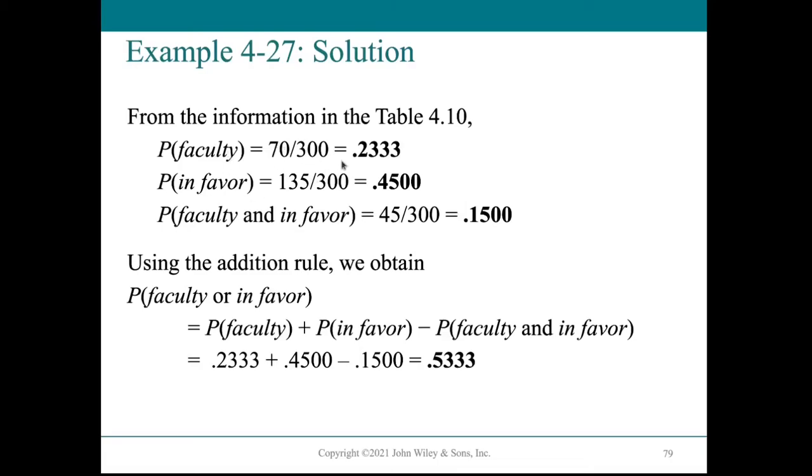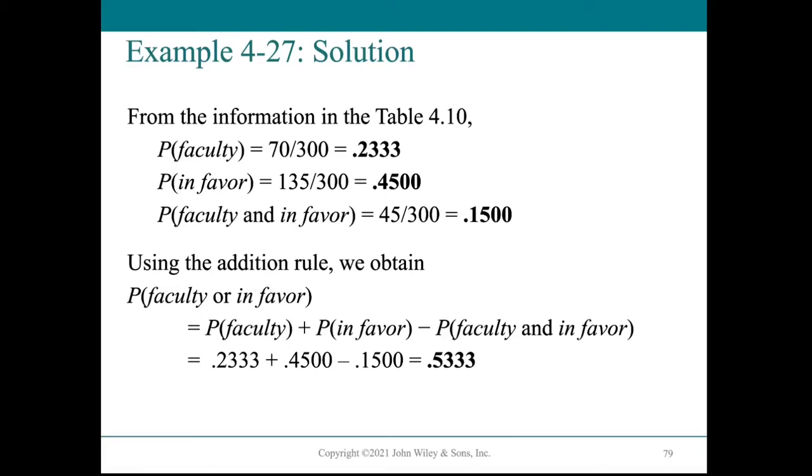So this is our probability. 70 over 300, that's 0.233. So that's the marginal probability of being a faculty member. And the marginal probability of being in favor is 0.45. And the probability of the intersection of both, basically being a faculty member and also in favor among all the respondents is 0.15.